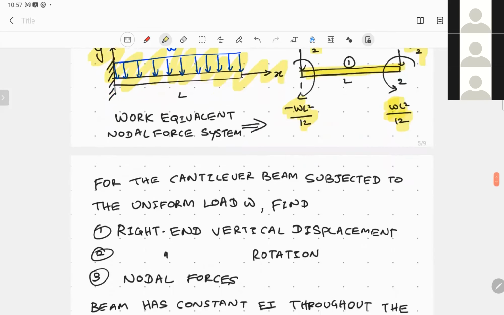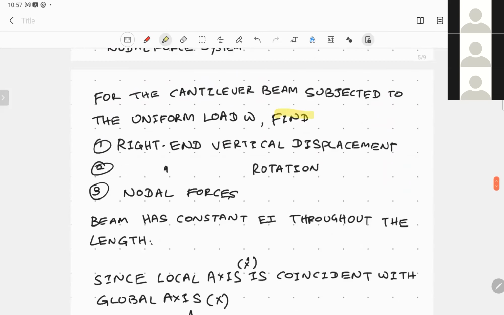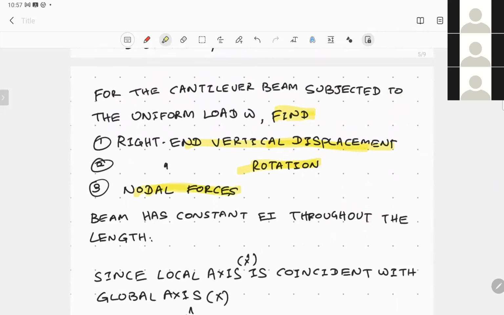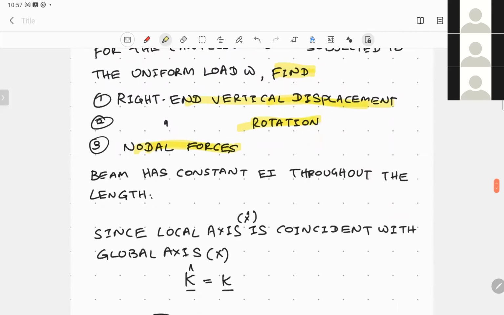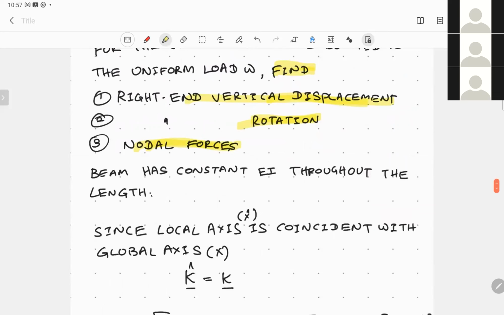You are required to find the vertical displacements, as well as the rotations and the nodal forces, and in doing so assume a constant EI value along the length of the element.